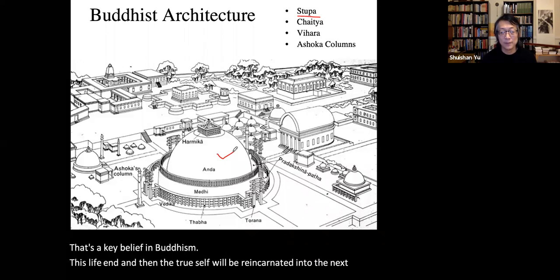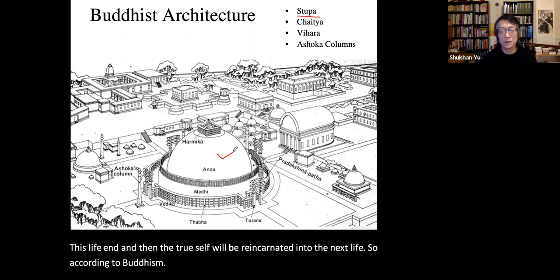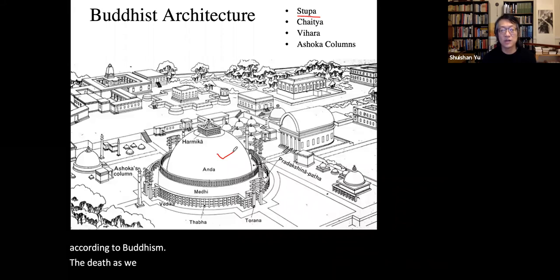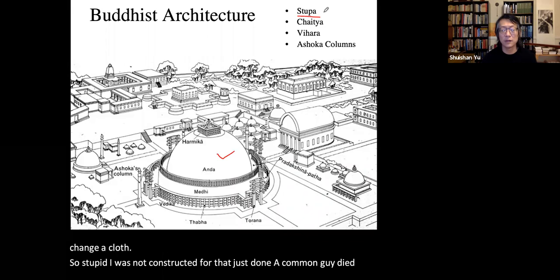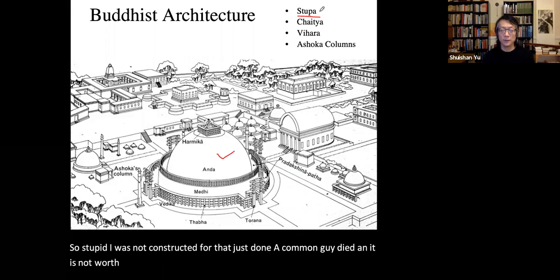So according to Buddhism, death as we conceive it is just an illusion. It's like you just change clothes. So a stupa was not constructed for that. Just a common guy died, and it's not worth being honored with a stupa.